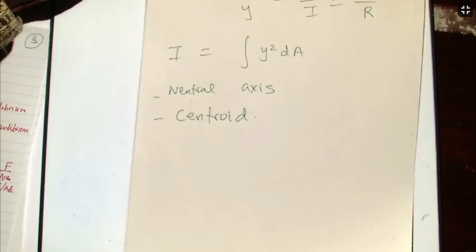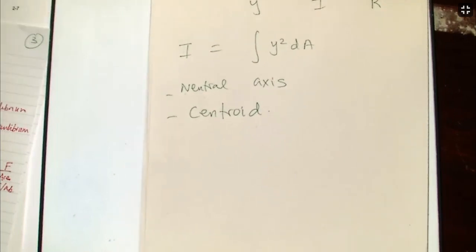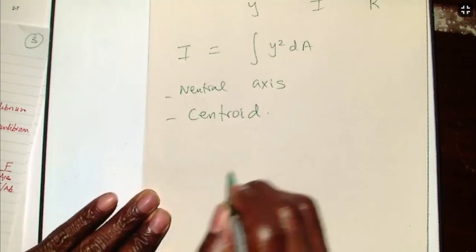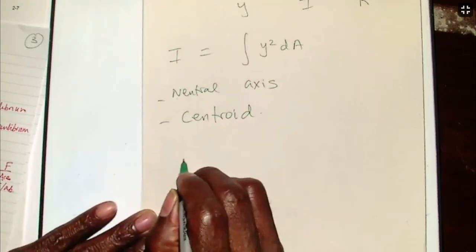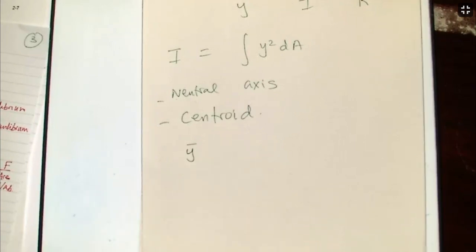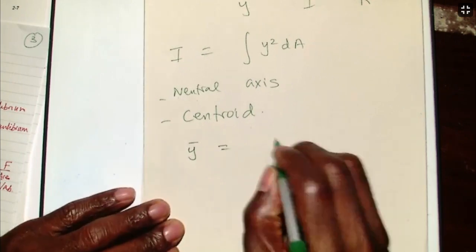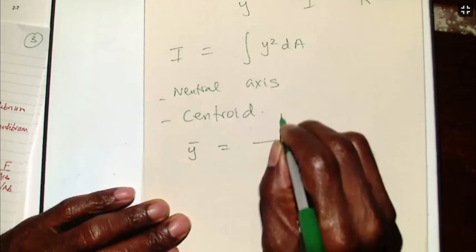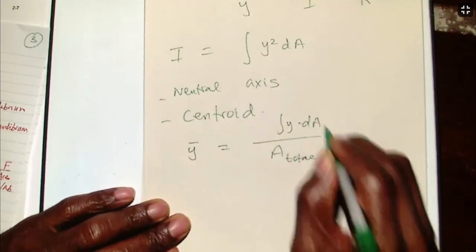We're going to show how we find the second moment of area soon. In order to find the centroid, if my centroid is at a distance y bar from a reference plane, then it's given as the integral of y dA over the total area of the cross section.